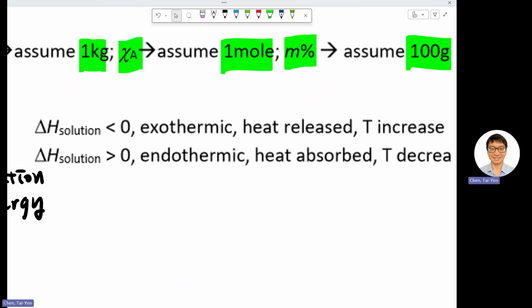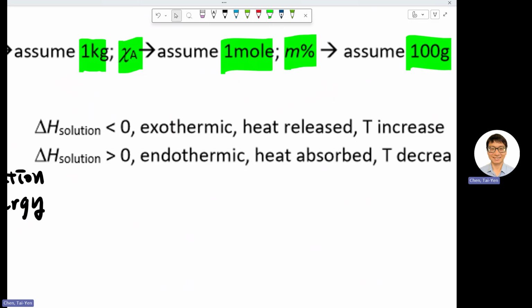Once you understand this, when delta H solution becomes positive, it's just the opposite. The stabilization is not enough. Therefore, that interacting entity needs to absorb some energy from its neighboring water. Since your neighboring water is giving out energy to that interaction, the overall temperature is going to decrease.